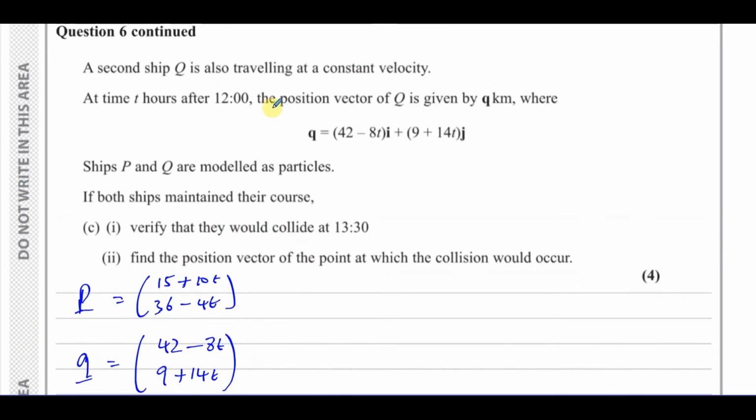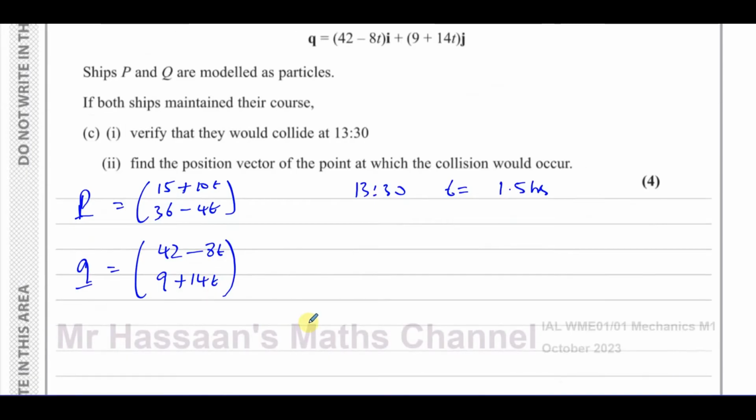They're both starting at the same time, 12 o'clock, so at 13:30, the time would be 1.5 hours. So we have to verify that after 1.5 hours, they collide. We can do this in a couple of ways. We can say, where will P be after 1.5 hours? It's going to be 15 plus 10 times 1.5, and 36 minus 4 times 1.5.